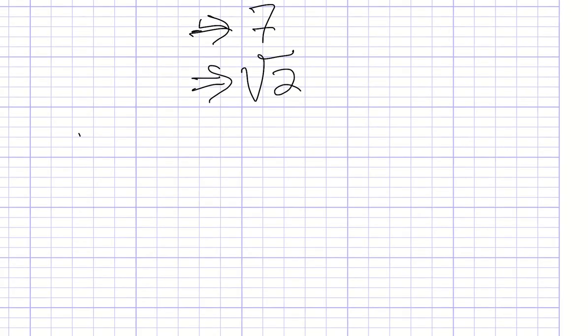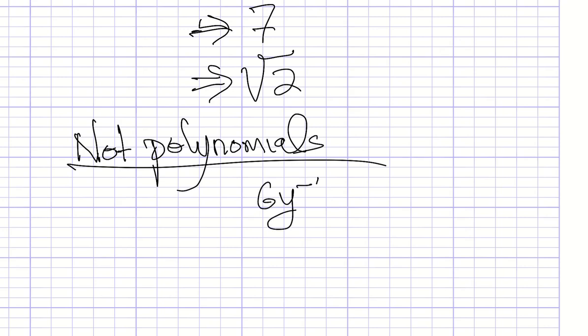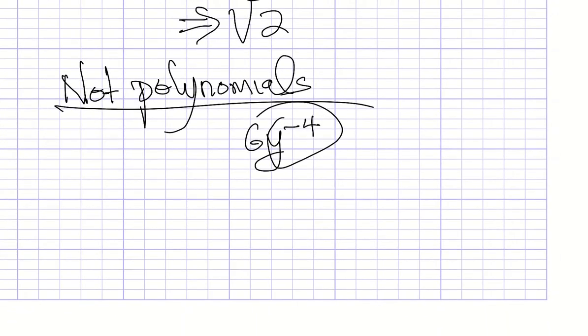But here, these are not polynomials. Watch this. Not polynomials. Something like 6y raised to power negative 4. See, you can't have that. You can't have negative exponent. See, now you see why I had to deal with exponent before polynomial.